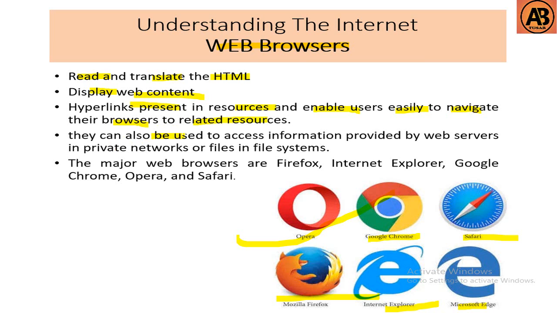They can also be used to access information provided by web servers in private networks or files in file systems. The major web browsers are Firefox, Internet Explorer, Google Chrome, Opera, and Safari.